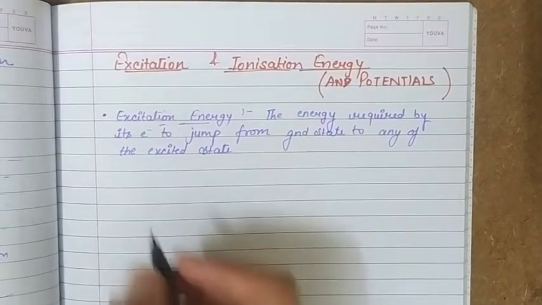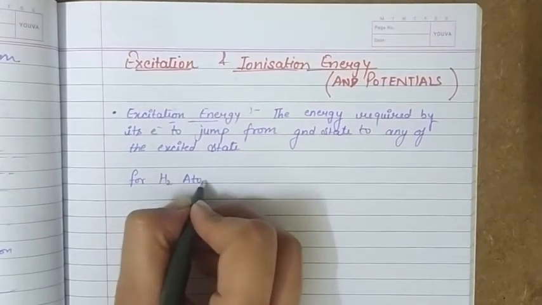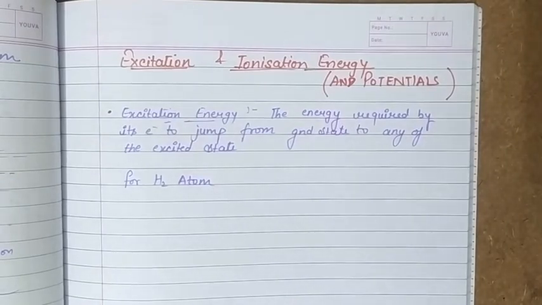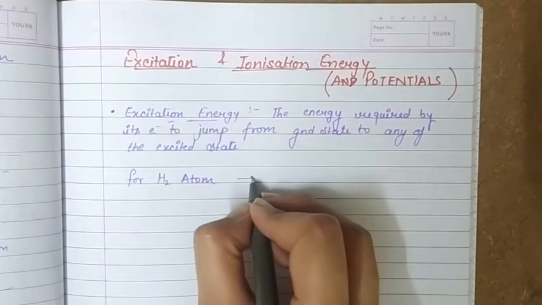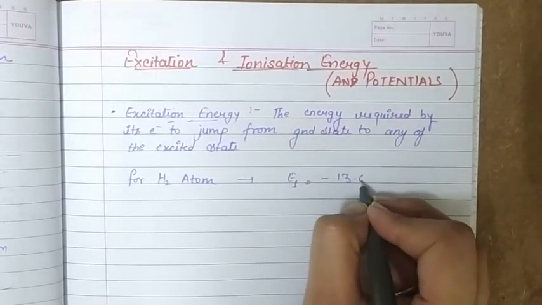So if we talk about the hydrogen atom, its electron is present in the first energy level at the ground state, and at the first energy level its energy is minus 13.6 eV.